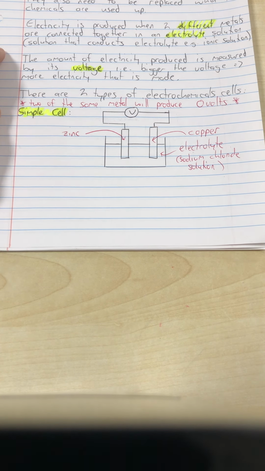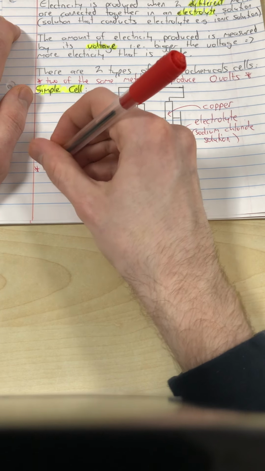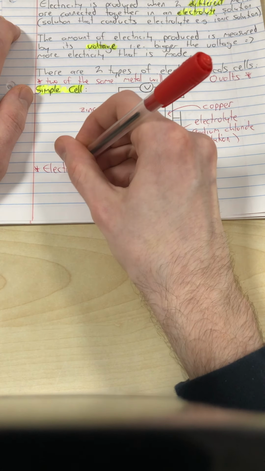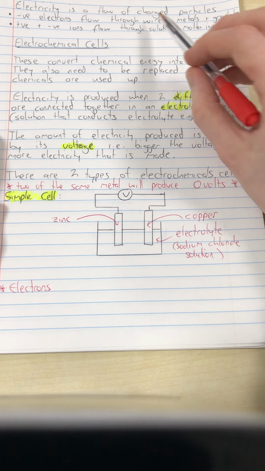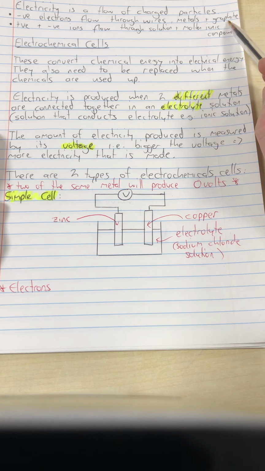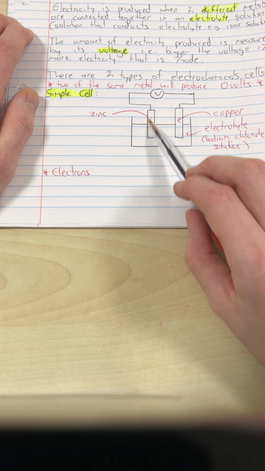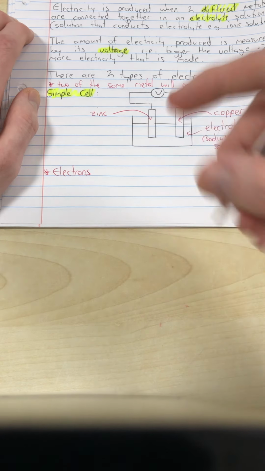Yeah? Now, the last part that you need to know about this is electrons. Remember what we said about electrons right at the start? They flow through wires, metals and graphite. Okay, so we've got metals and we've got wires. So the electrons will flow through the wires.